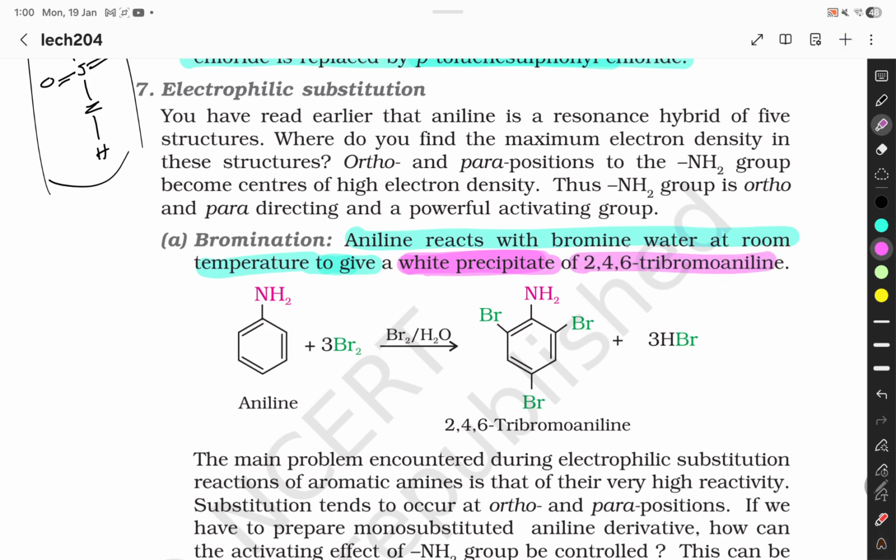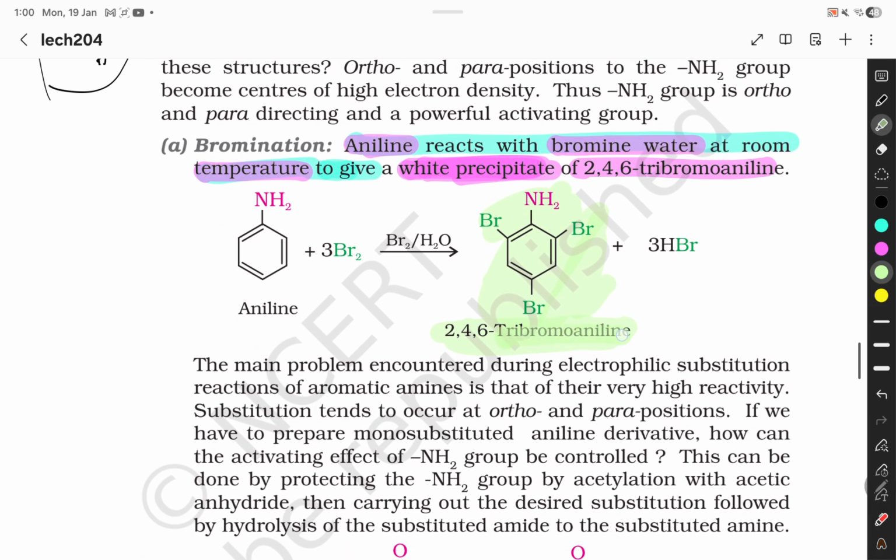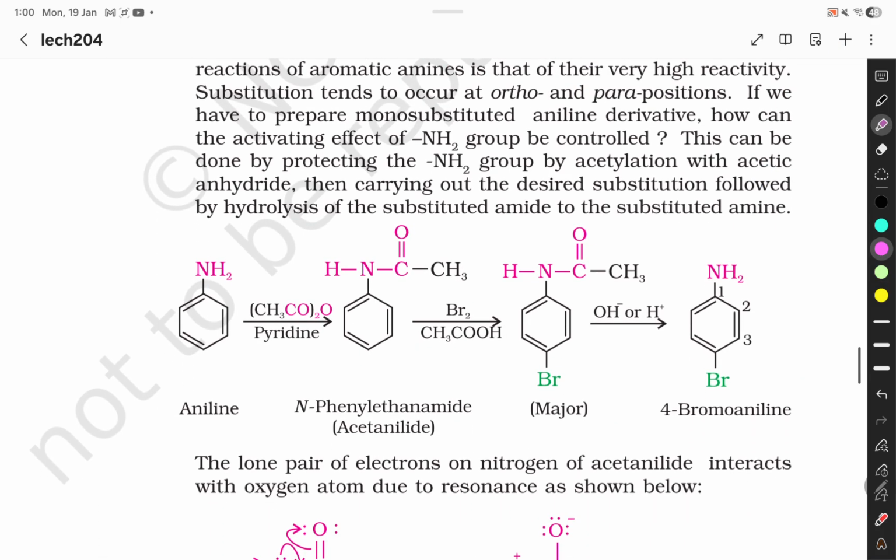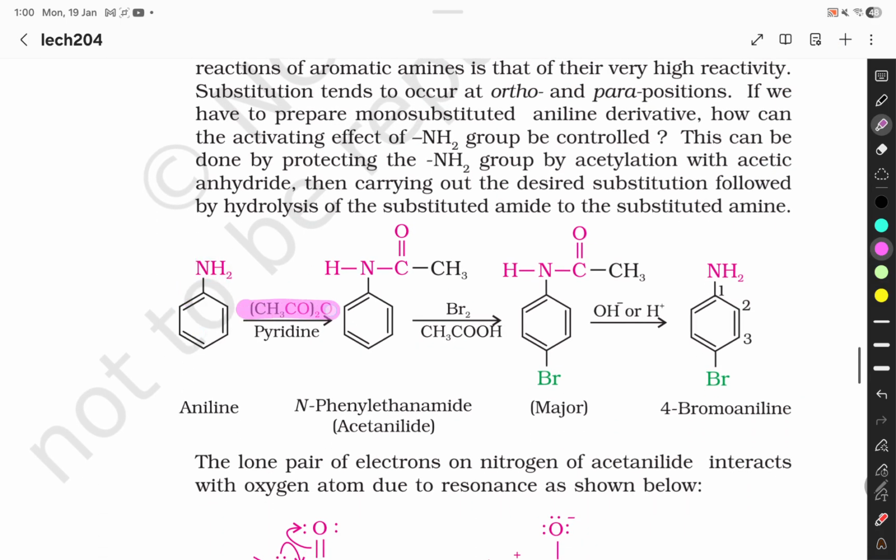Aniline reacts with bromine water at room temperature to give a white precipitate of 2,4,6-tribromoaniline. So if you want it controlled, then use acetylation. Acetylation reaction we have learned.